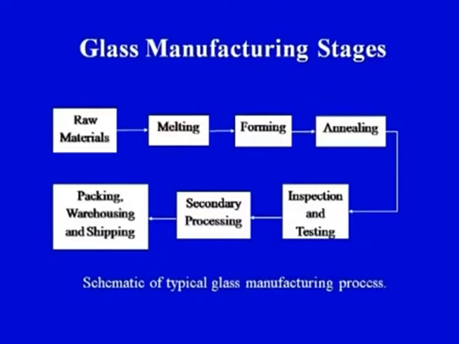On your screen you can see this diagram that we have already seen, which was already discussed in lecture number 2 of this particular module. But again we can revise the various processing steps which are involved in making products out of glass. So, first of all we have the raw materials.